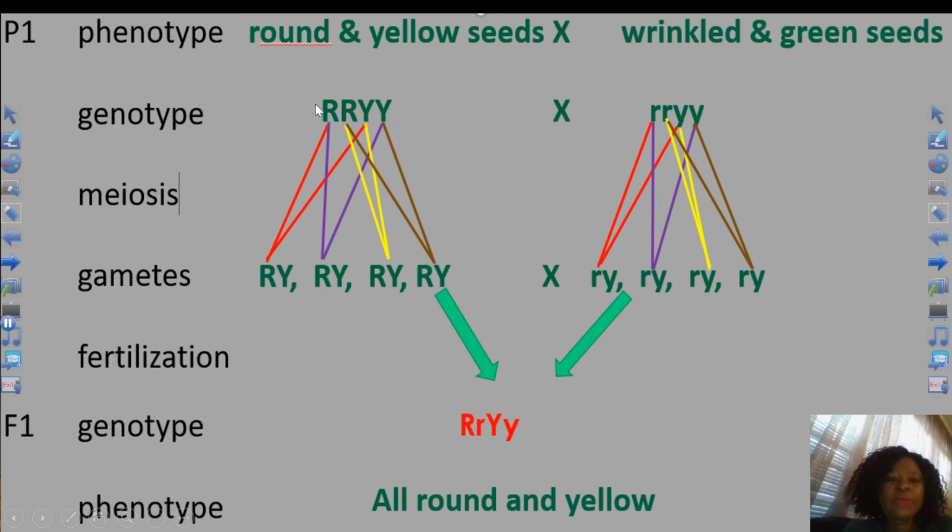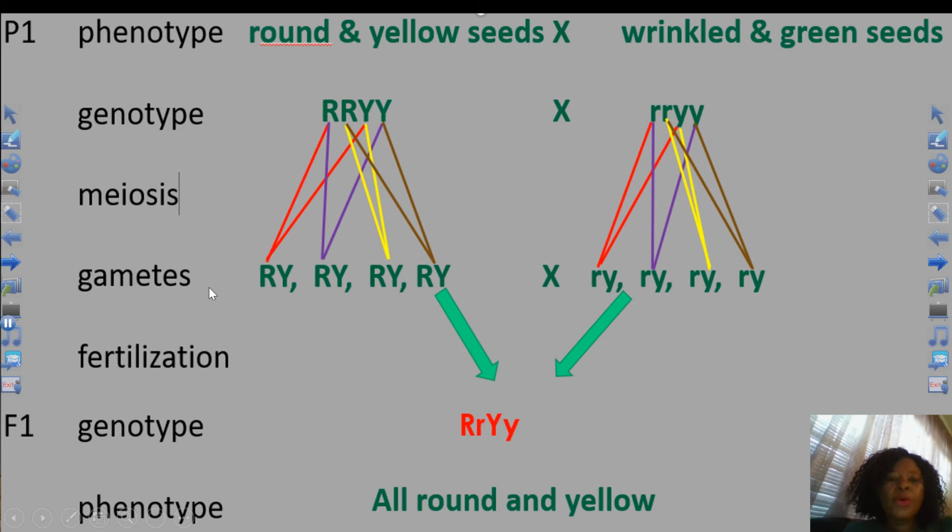The first R of the genotype can combine with the first Y to form one gamete, which is going to be capital R, capital Y. Then the first R can combine with the second Y, if you follow the purple lines, which also gives us capital R, capital Y. Then the second R can combine with the first Y to give us again capital R, capital Y. Lastly, the second R can combine with the second Y, which gives us capital R, capital Y. So those are the gametes of the first parent.